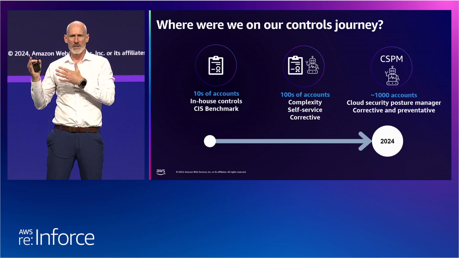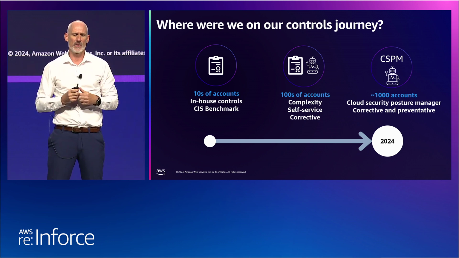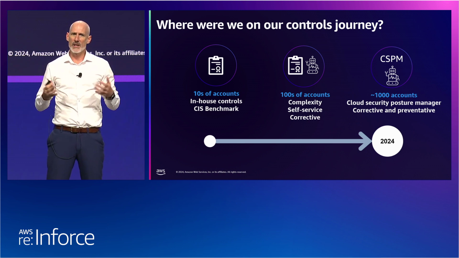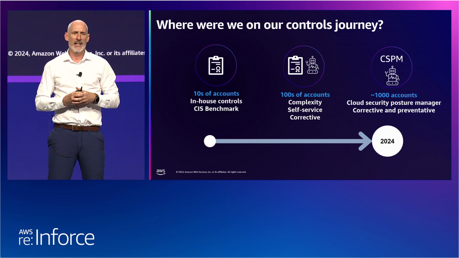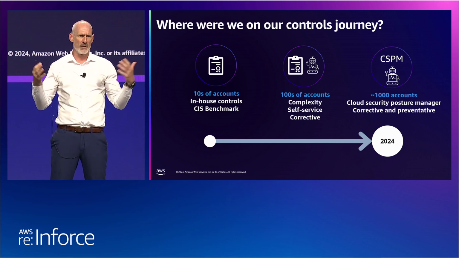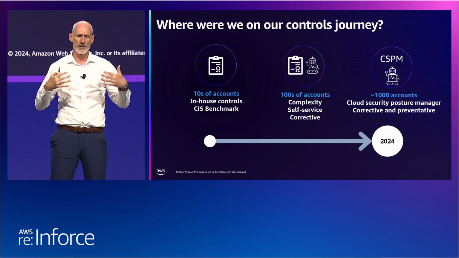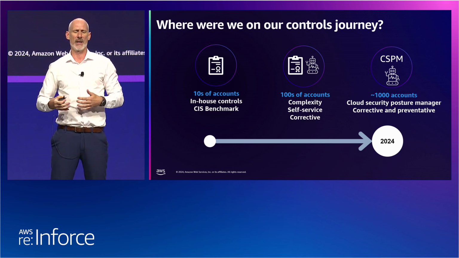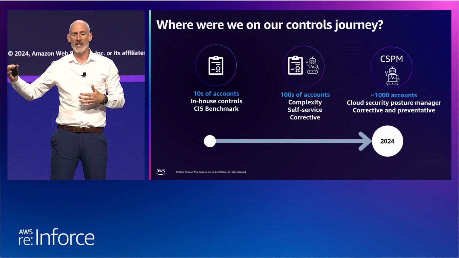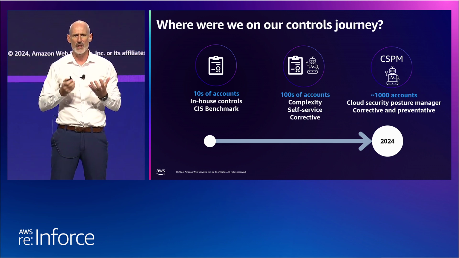So as we moved towards 1,000 accounts, we adopted a cloud-agnostic cloud security posture manager that wasn't Amazon's. And it worked great. It provided us with the detective controls that we could use, and we could start to concentrate on corrective and preventative measures. But as we were increasing in size, we started to see some issues.